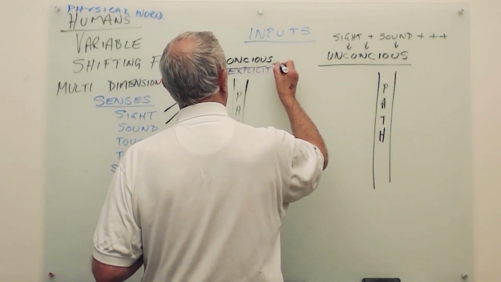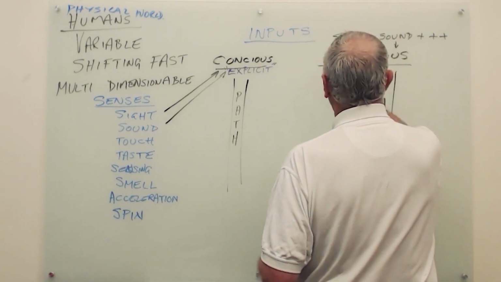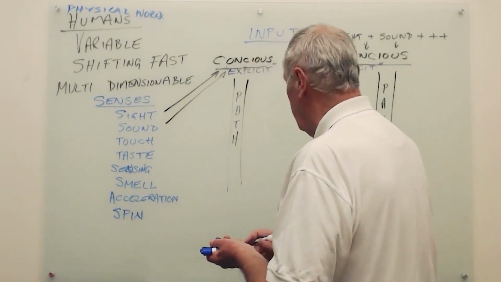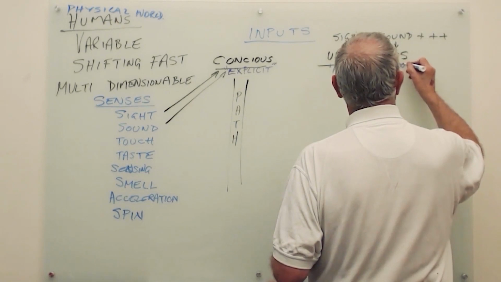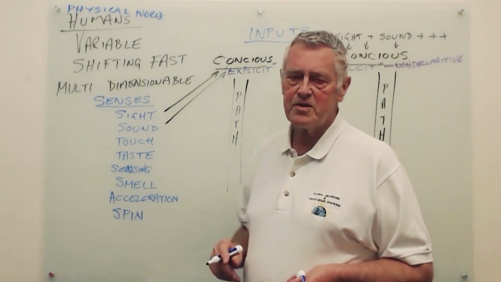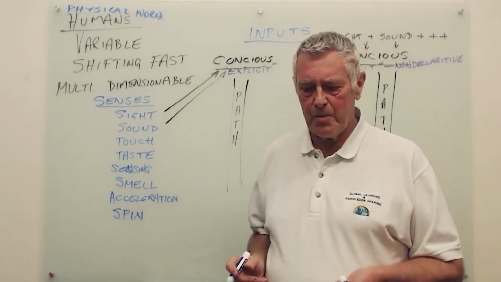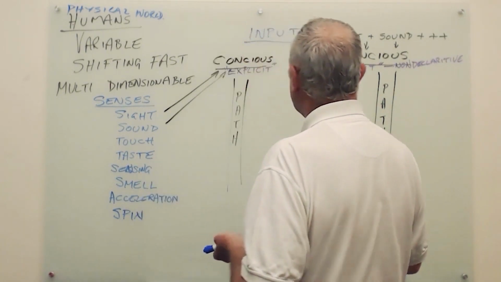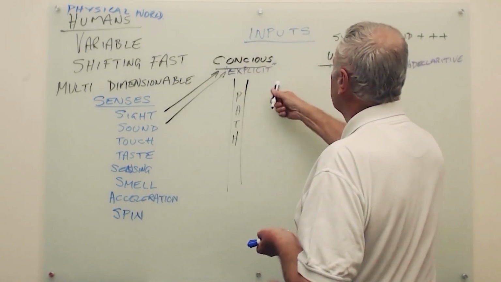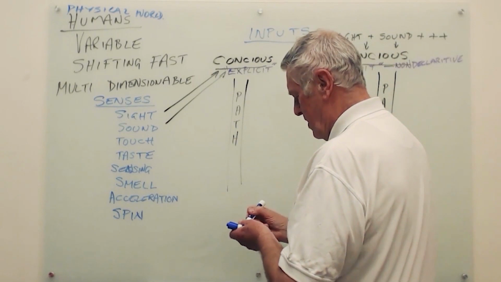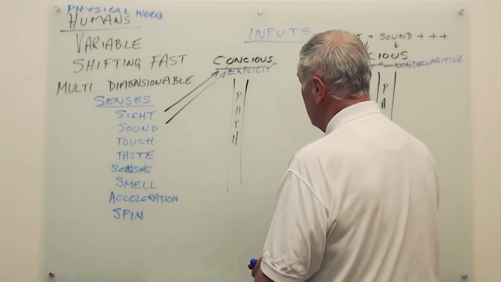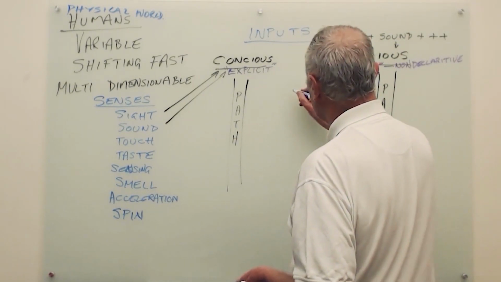This is called implicit, I suppose. Some people call this non-declarative. That's not a word you read every day on your box of cornflakes, is it? So what is it that all these inputs are giving you? Now I don't know what pen to use. I'm going to just write a list.